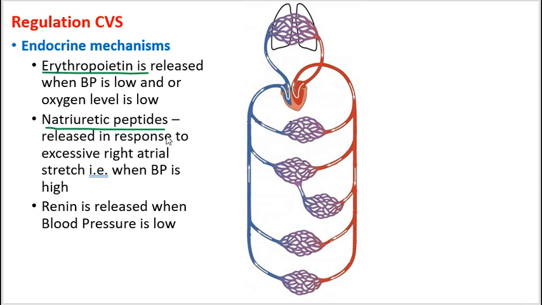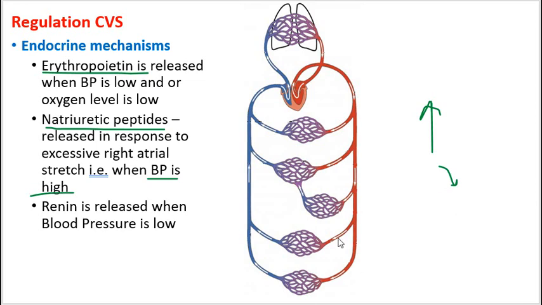Natriuretic peptides are released in response to high blood pressure. When your blood pressure is high, you generate natriuretic peptide. Why? Because when your blood pressure is high, that means you have high volume. So when you have too much volume, more blood is going to end up in the atriums.